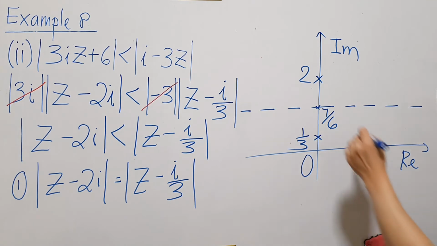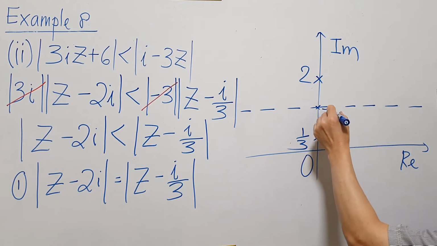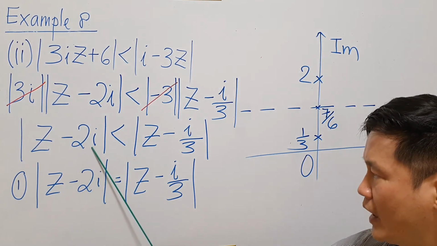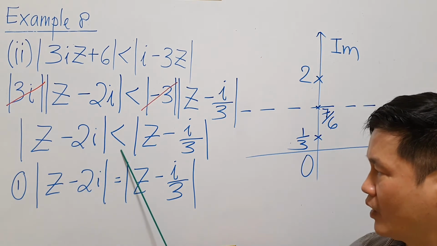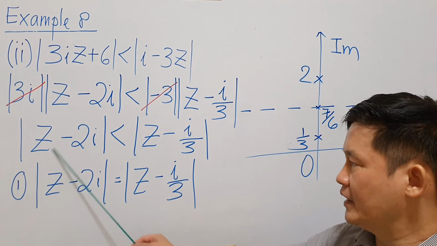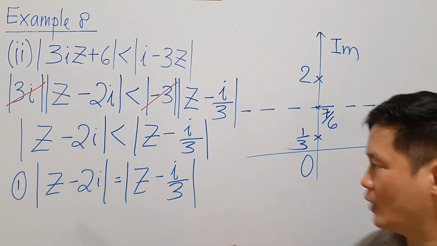I hope you can see this is 7 over 6. And then you recall what it says here is the distance from 2i to z is smaller. So which means your z is nearer to which complex number? Your z will be nearer to the complex number 2i.